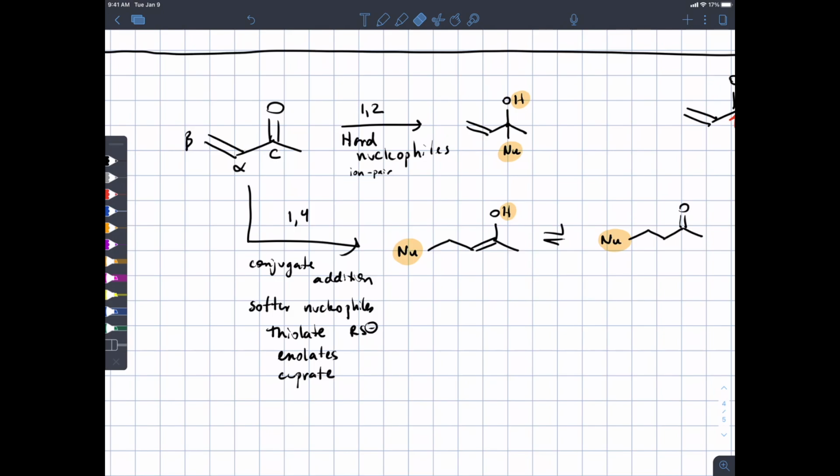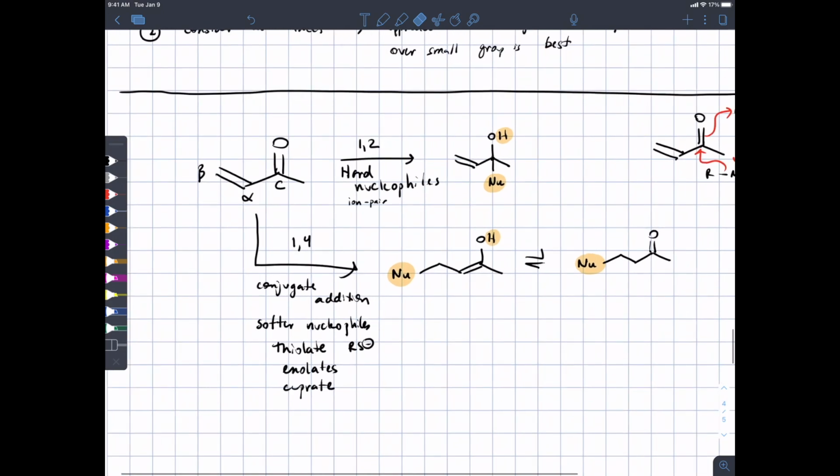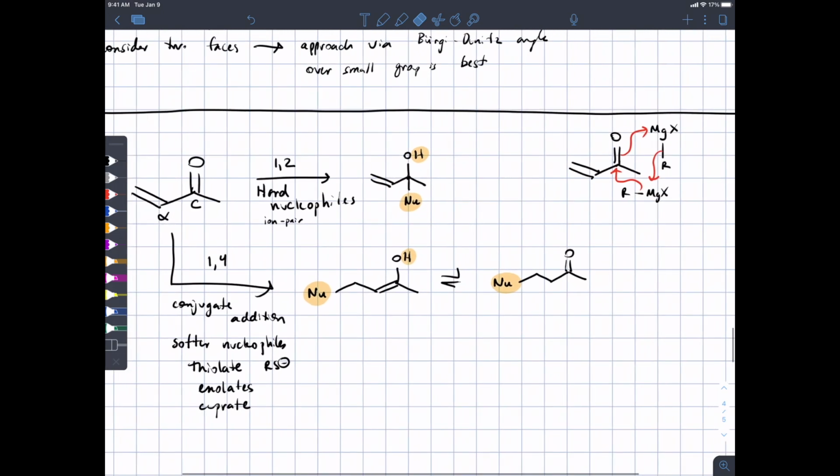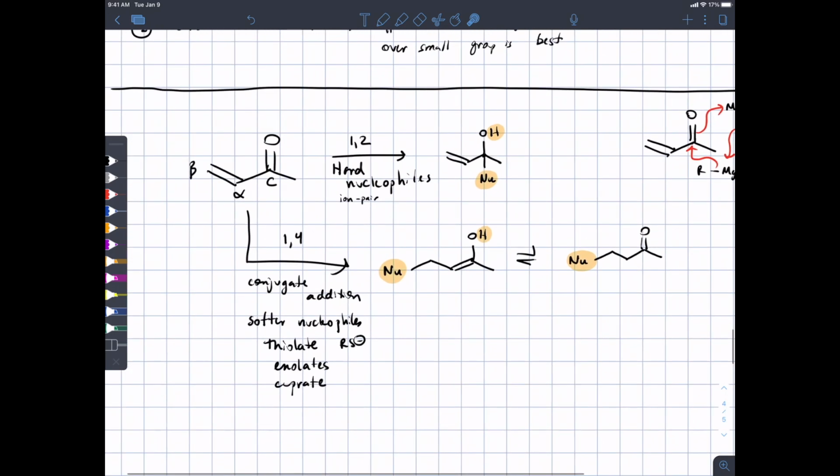And remember that for hard nucleophiles, the key thing that makes those reactions go is electrostatic attraction, whereas the key thing that makes softer nucleophiles work is orbital overlap, and there's better orbital overlap on the beta carbon. If you look at the numbers, there's a higher LUMO coefficient on the beta carbon.